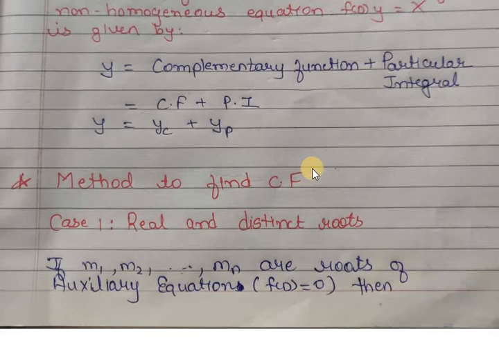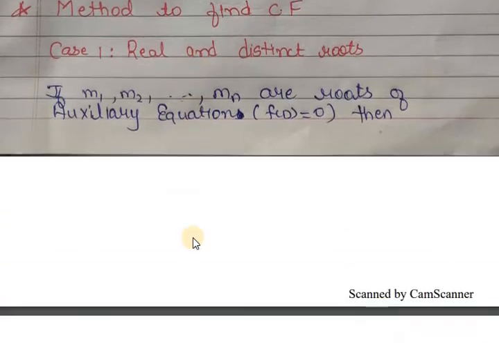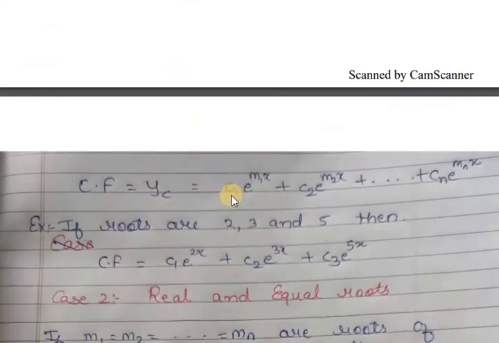So here the roots obtained are real and both are different, because minus 2 is a different value and minus 1 is a different value. So CF can be found by case 1. So it will be c1 into e raised to m1x. m1 means the first root.